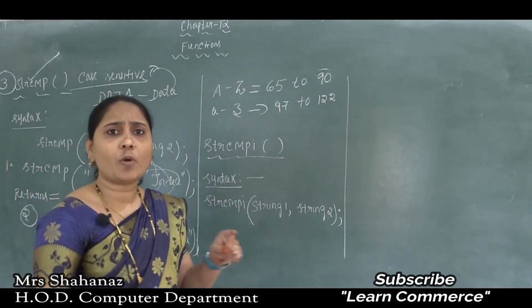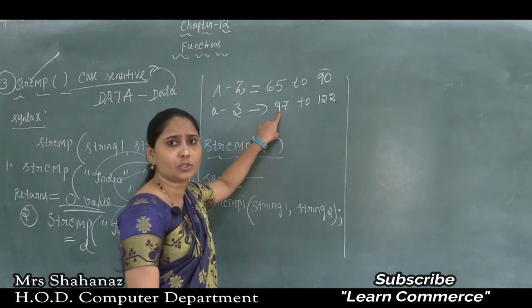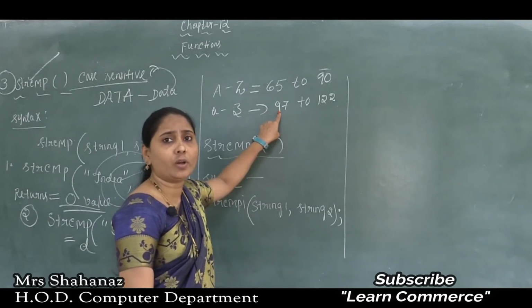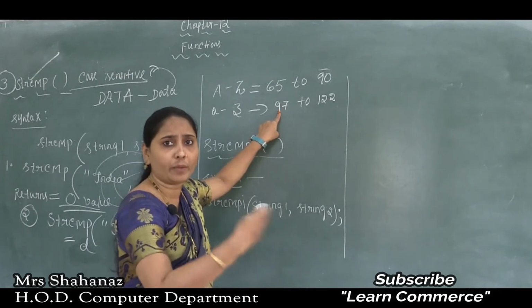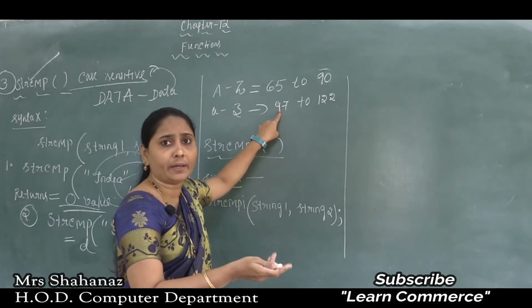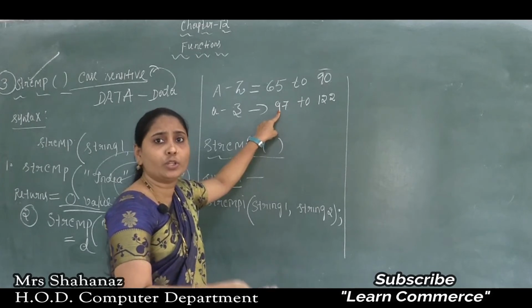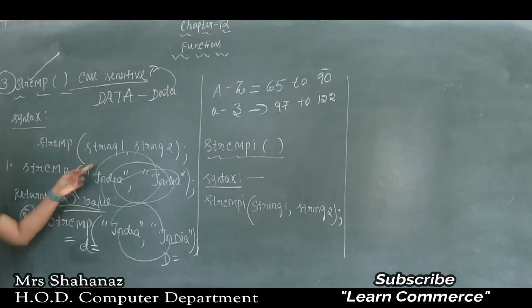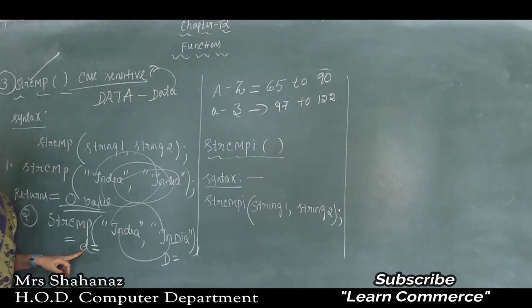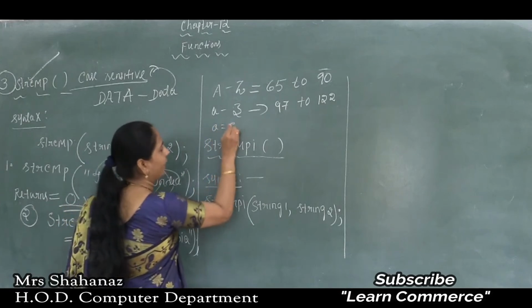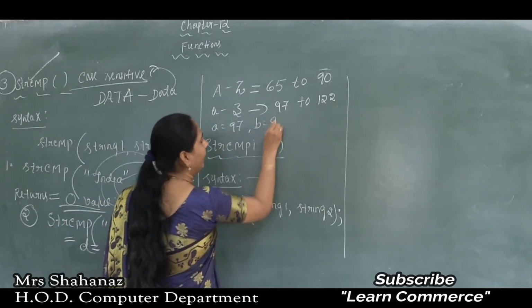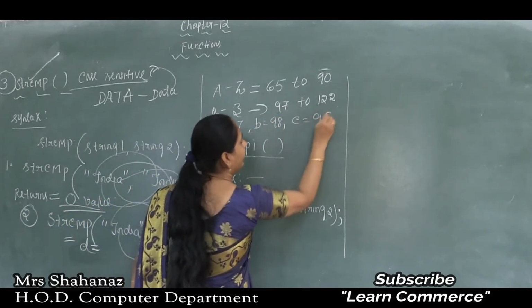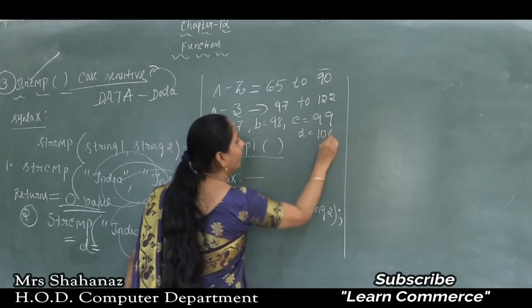Clear this point? Small letter a is 97, small b is 98, small c is 99, small d is 100. In sequential manner it provides the value to the letters. So a is 97, b is 98, c is 99, then what is d? 100, correct?